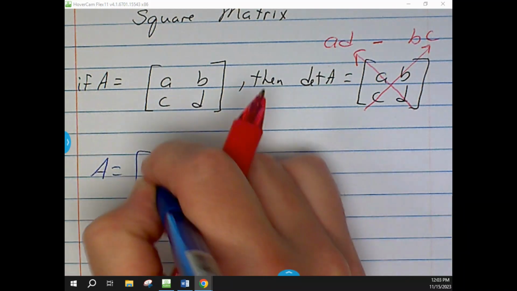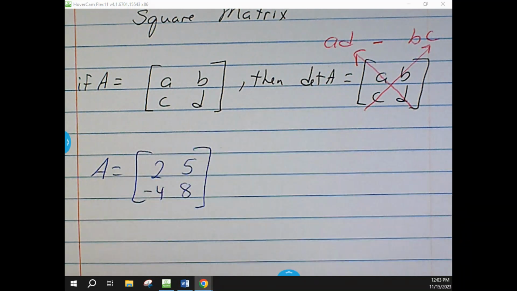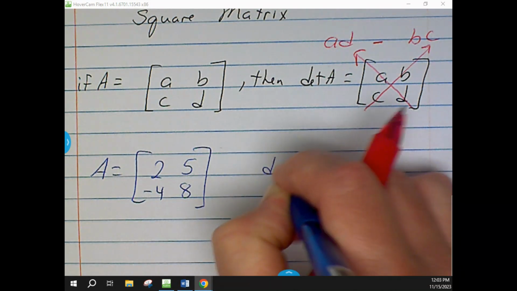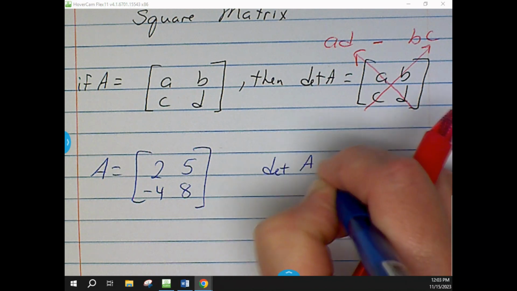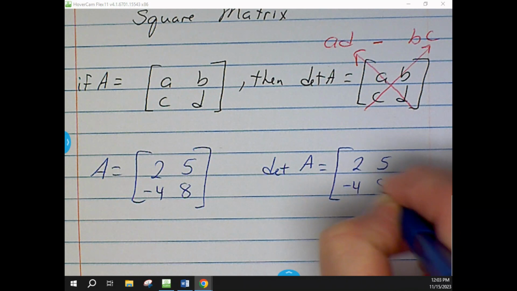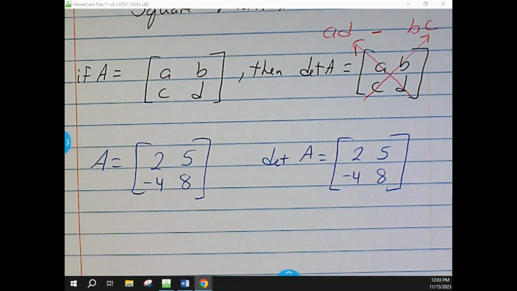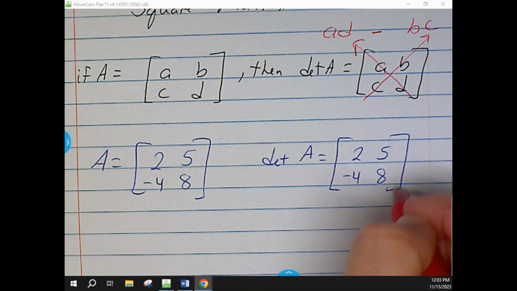Okay, let's give you some with some numbers. So if it's 2, 5, negative 4, 8. Okay, so they give you this one, ask you to find a determinant, and again, it's just cross products in the up direction.